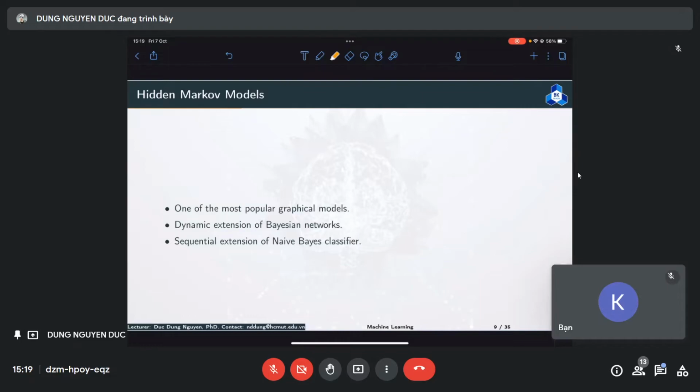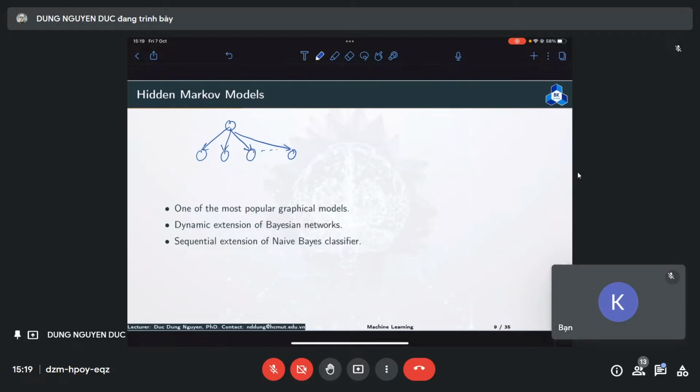And it's also a sequential version of the Naive Bayes classifier. Wow, if you think about it, why Naive Bayes? Because for Naive Bayes, it goes like this. You have the class over there, something that you predict, and this is the observation, the data you have. Okay, and the data you have is somehow independent given the class, so you have that bias assumption.